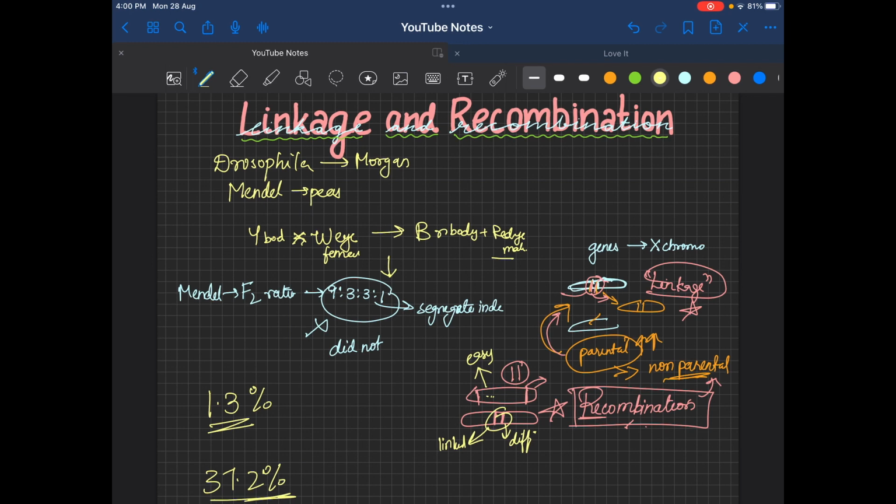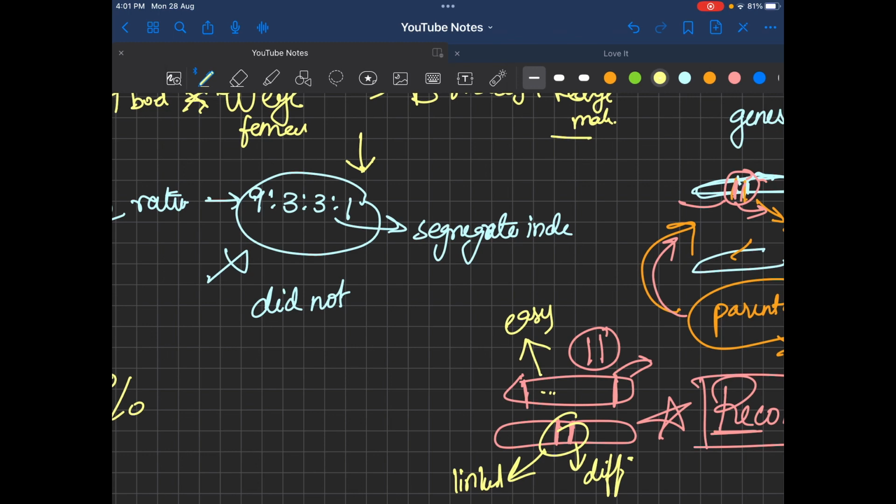His student Alfred Sturtevant used the frequency of recombination between gene pairs of the same chromosome as a measure of distance between genes and mapped their positions. Let me explain. He looked at how often they recombine, whether they recombine when they are close or far, between gene pairs on the same chromosome as a measure of distance between genes.